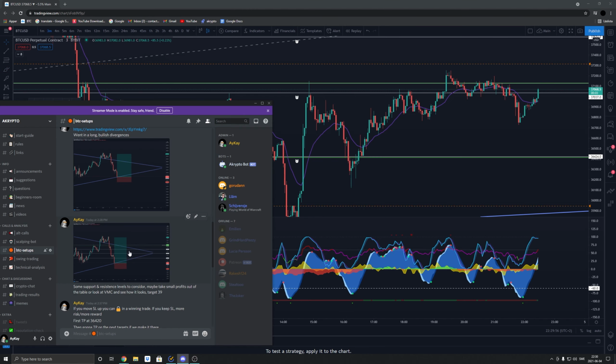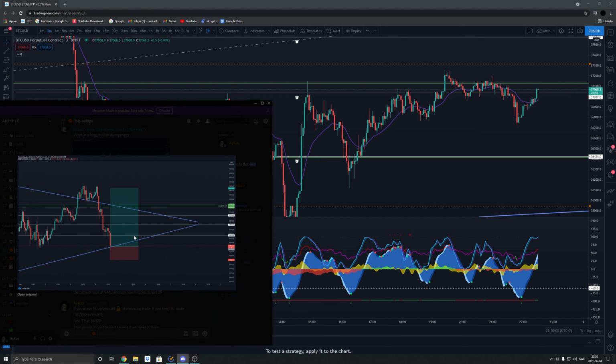When I posted the setup, I gave the TP levels to the group, and they're basically the resistance levels that we drew earlier, before we started trading. This was a juicy long.